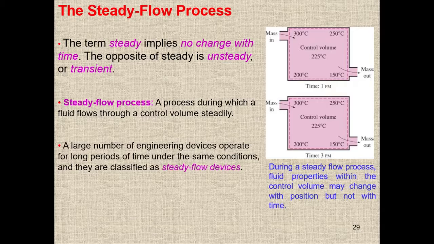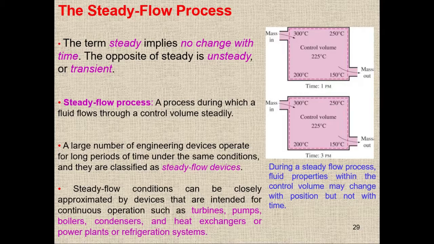A large number of engineering devices operate for long periods of time under the same conditions, and they are classified as steady flow devices. So it is very easy for us to classify different devices as steady flow devices, and then we can easily say that with respect to time at a given location the property will be the same.